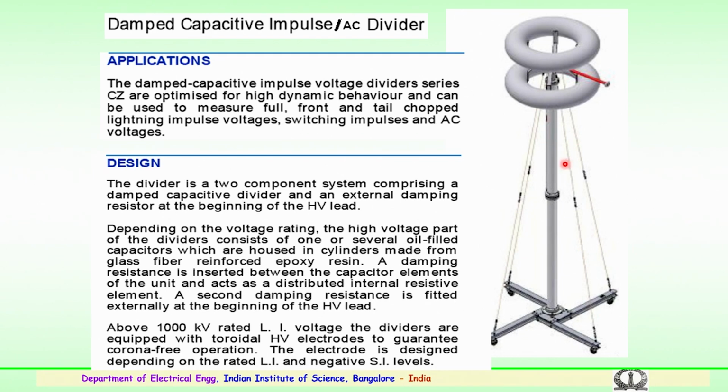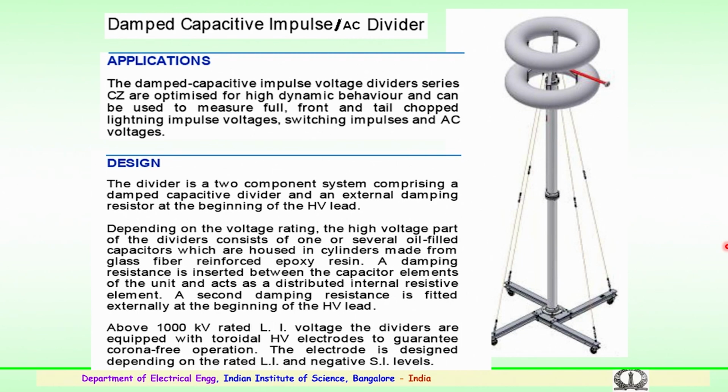Depending upon the voltage rating, the high voltage part of the divider could consist of one or several units, oil filled capacitor units housed in insulating cylinders made up of fiberglass or reinforced epoxy resin or any other insulating material.